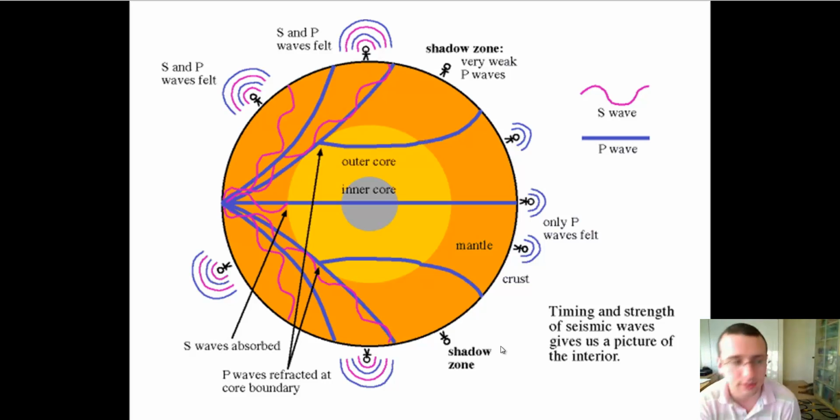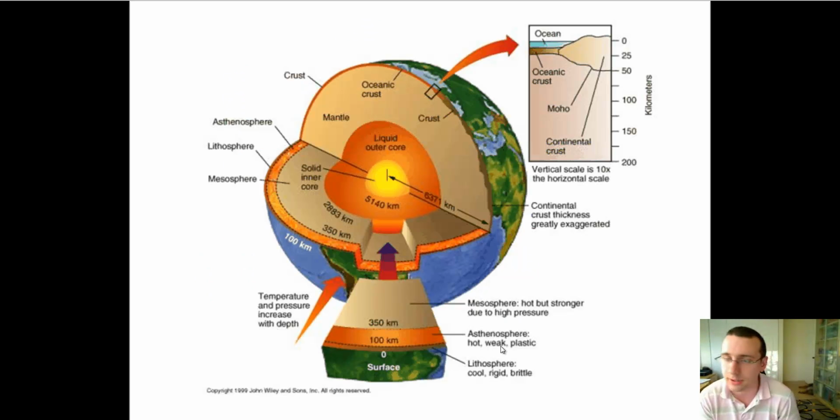And so one of the applications of seismic waves is to learn about those layers. The lithosphere, the asthenosphere, the mesosphere, the outer core and the inner core, the structural layers of the Earth, were all discovered by refraction patterns of the seismic waves, and how thick they are by the reflection patterns of the seismic waves.